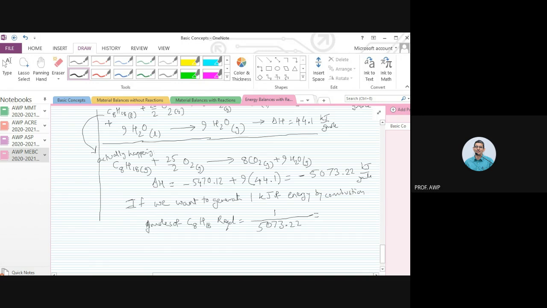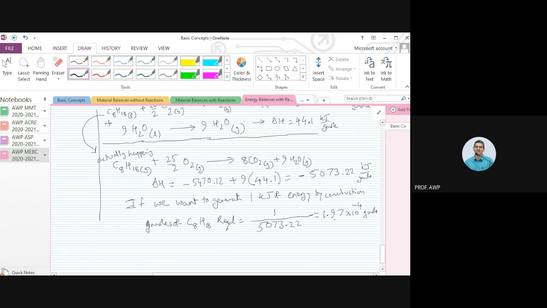So 1 divided by 5073.22, these many gram moles. So this is 1.97 into 10 raised to minus 4 gram moles of octane.